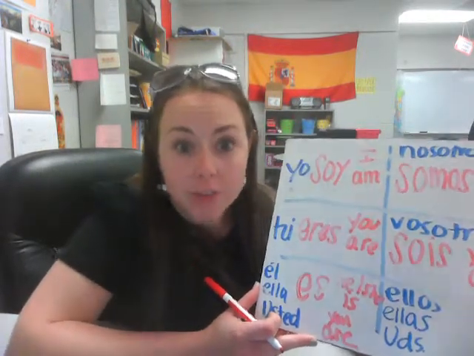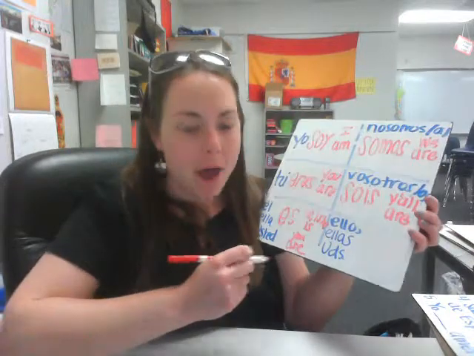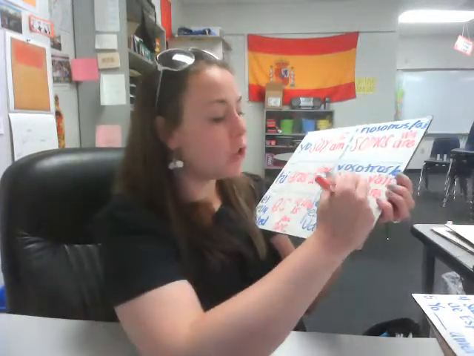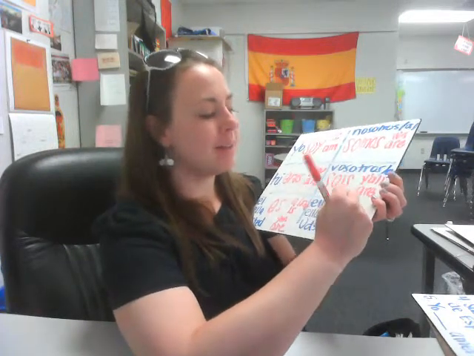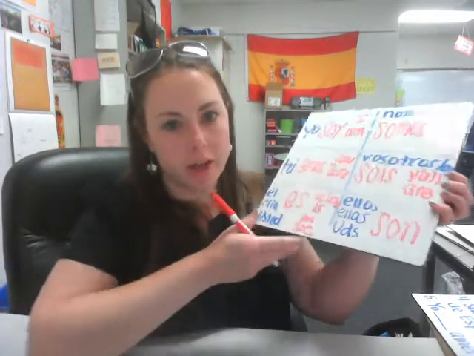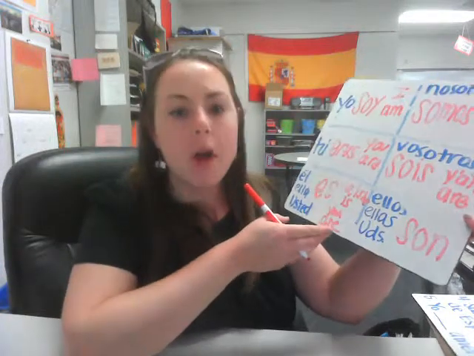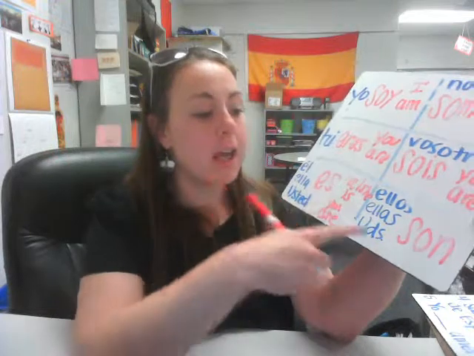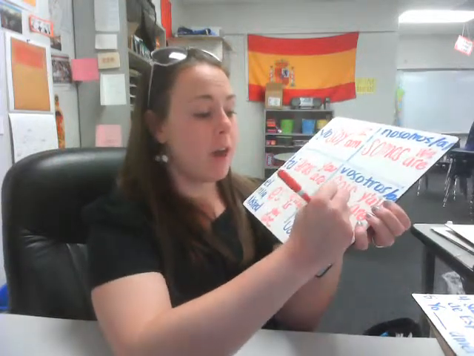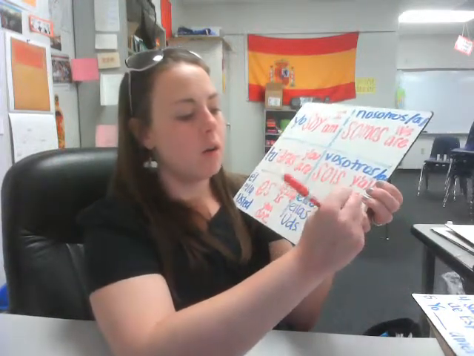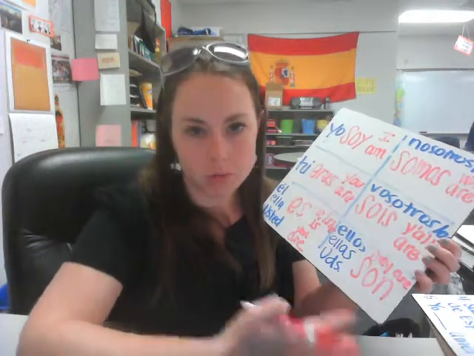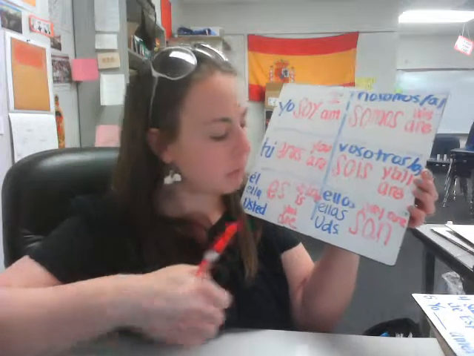Okay, y'all are tall. And down at the bottom, the ellos, ellas, and ustedes form of the verb ser is son, S-O-N. So it's spelled like son, like I am the son of my father, but it's pronounced son. So please make sure you know how to pronounce that correctly. And this means either they are, or it can also mean you all formal, or just you all if you're anywhere but Spain.